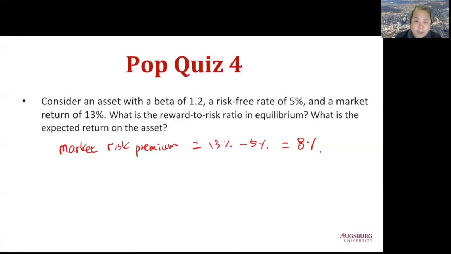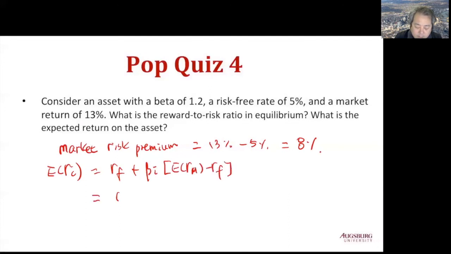Then using CAPM, find expected return: 5% risk-free rate plus beta 1.2 times market risk premium 8%, which is 14.6%.